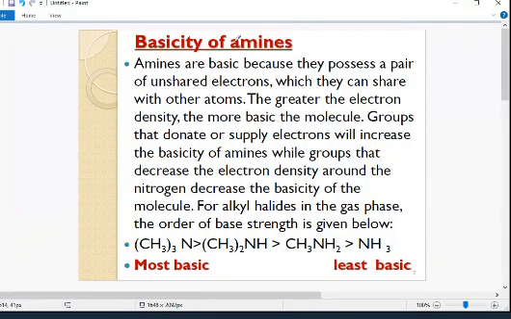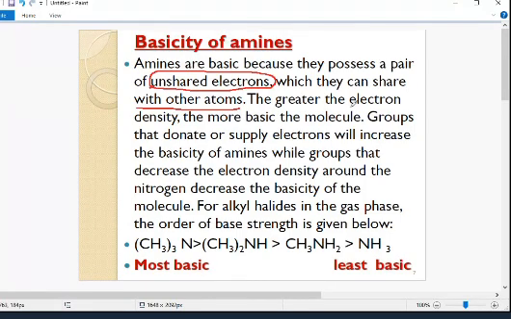Now we talk about why the amines are basic. We are saying that amines are basic because they possess unshared electrons. That means they can give out the electrons. We can share those electrons with other atoms.